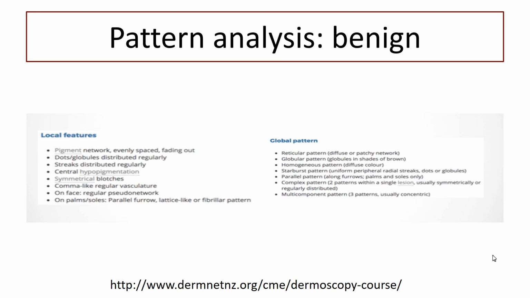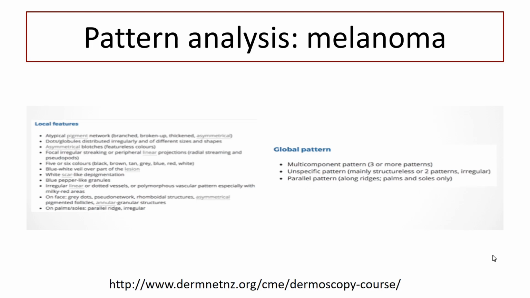I think he called the complex pattern non-specific. And then local features that we look for to make a diagnosis of melanoma. But you have to understand what a streak is, or a blotch, or a comma, a pseudonetwork, lattice, and fibrillar. So words that need definition, and once you've defined them, you've got to try and remember them.